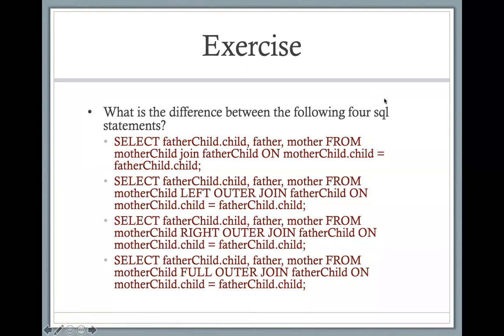The first one is not a natural join because I have the condition. It would be a natural join if I used the natural join keyword. So here I can say select child, father, mother from mother child natural join father child. That's it. I can do that as well.